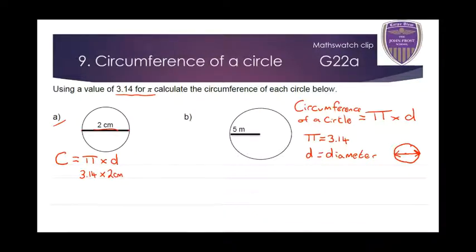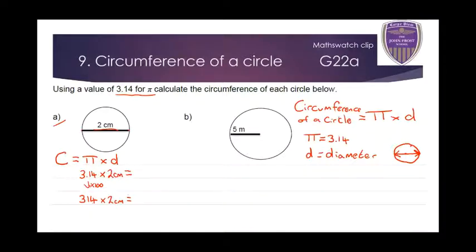Now there's two ways you can work this out. If you're able to multiply 3.14 by 2, then great, well done. You may have to do a slightly different way to solve this. A way I would do it is I would multiply 3.14 by 100, so that gives me 314. I find it a bit easier to multiply non-decimals by 2.